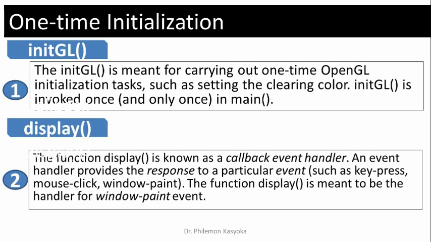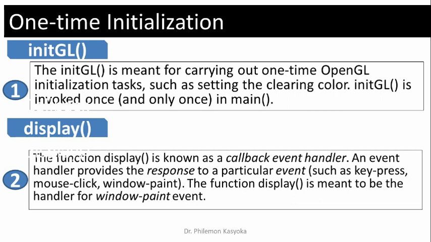Now, we have initGL. The initGL is meant for carrying out one-time OpenGL initialization tasks, such as setting the clearing color. It is invoked once and only once, and you find it in the main function.